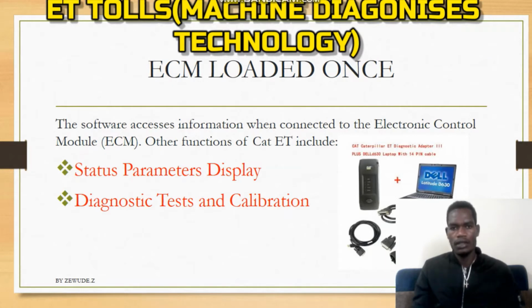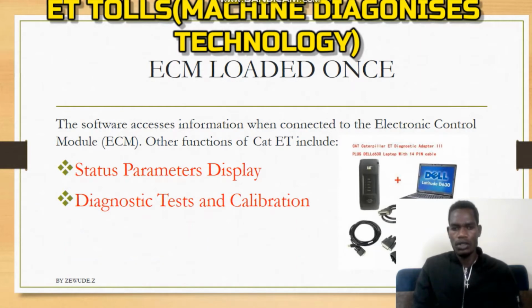Once the ECM is connected, we have access to look at the following parameters. The first one is the status parameter display, which shows which parameter is linked with which one, always displayed on the computer desktop display. The next thing is diagnostic test and calibration, and that mechanism is also done with this tool.